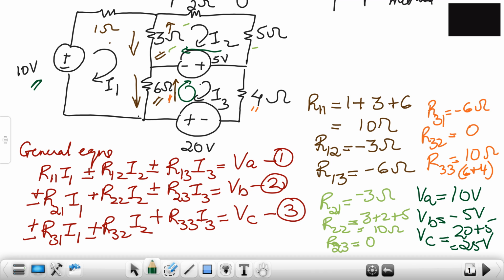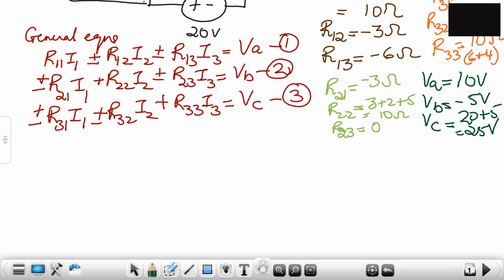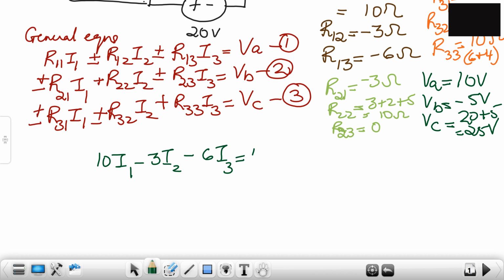So if you rewrite the three mesh equations, it will be 10 I1 minus 3 I2 minus 6 I3 is equal to 10 volts.